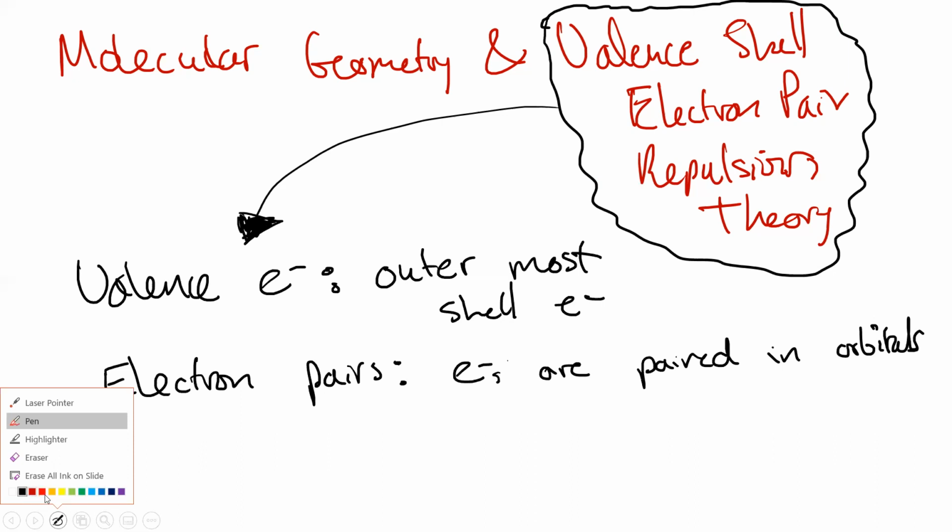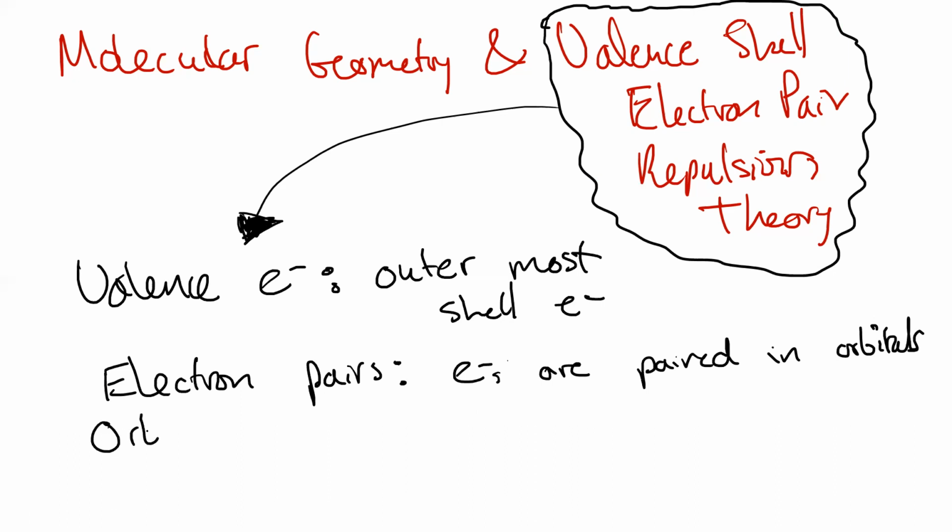There are always exceptions to this, but generally once you've created a molecule, your electrons are paired up and you have pairs in orbitals. So orbitals then contain pairs of those electrons.